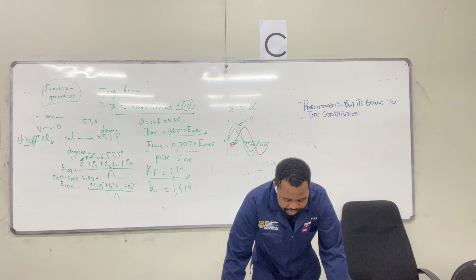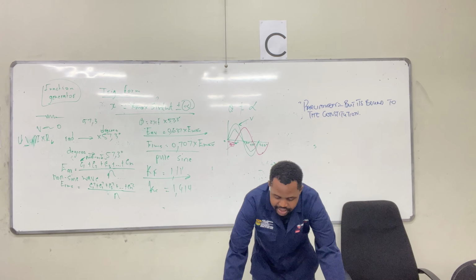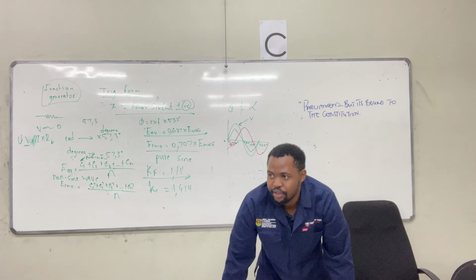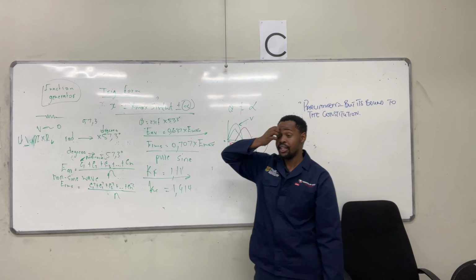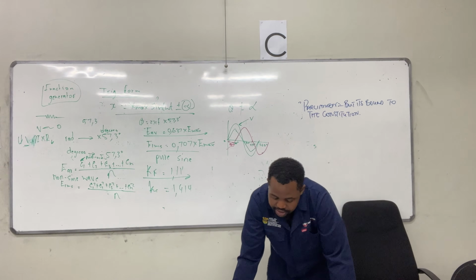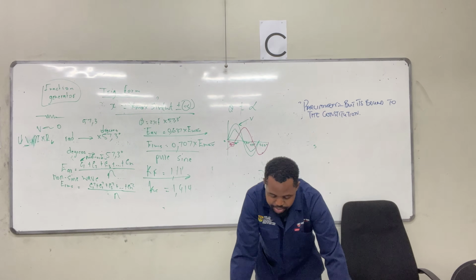Then the average value of this current. The average value of a pure sine wave is given by 0.637 times I max.